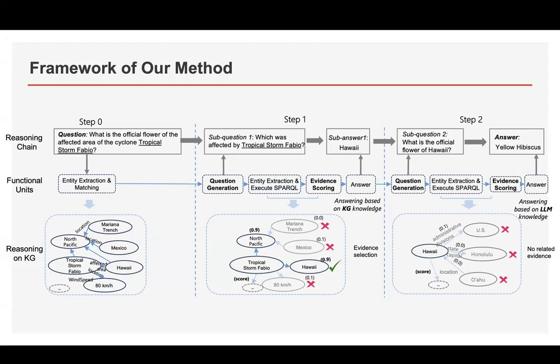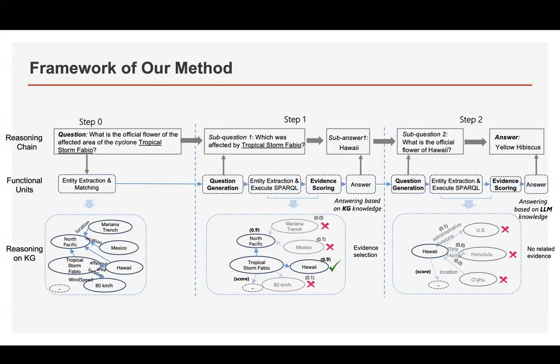And the third row is how we select from the knowledge graph. Given the question, what is the official flower of the affected area of the storm, we first find the entities here, and then we generate a sub-question using a large language model.